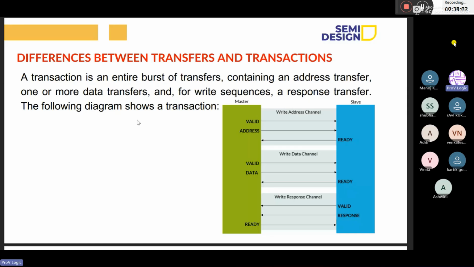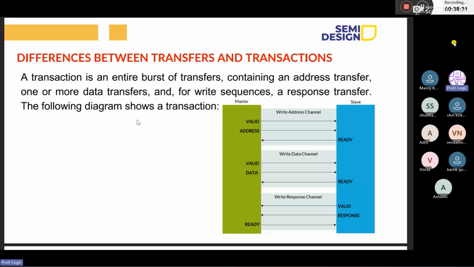So one transaction can include multiple beats, nothing but multiple transfers. As I told before, a write transaction is where we do the write address plus write data. A read transaction means read address plus read data, the same way.